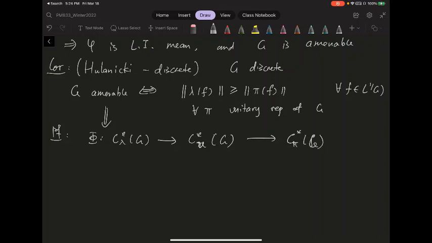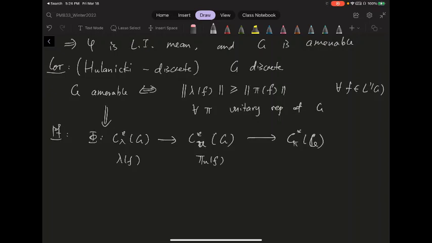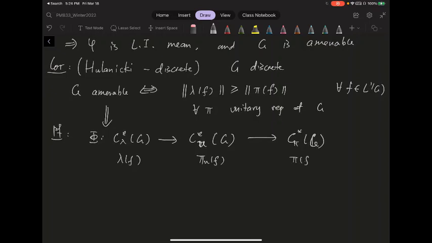So basically you compose that, that's the map, and because that's norm reducing, on the left hand side you take any lambda of f, you map to the universal one, pi_u of f, that's going to be isometric in fact, and you drop it to pi of f, that's going to only decrease in norm, okay? So that finishes the proof.